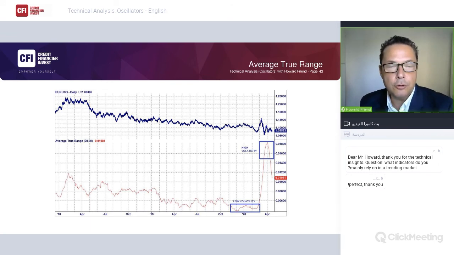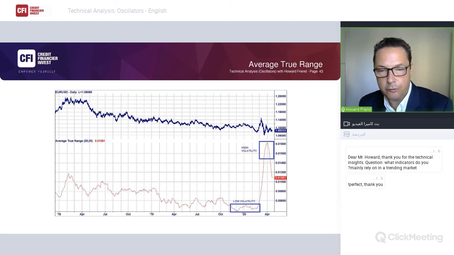So just to show you a couple of years of euro dollar price action compared to its 20-day average true range, which is one which I use myself. What we've got here, you can see that over this period, 2018-2019, volatility was in a trending lower phase. So the market was trending lower, but that's not necessarily significant.